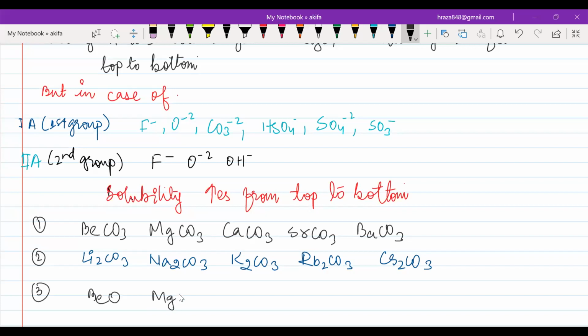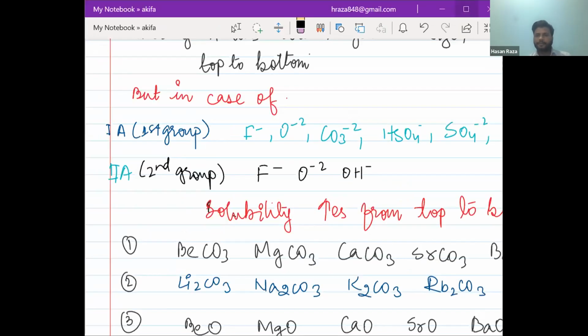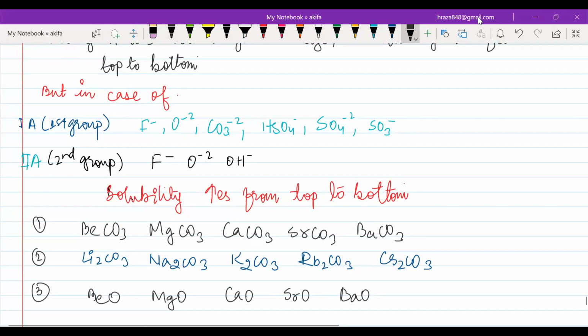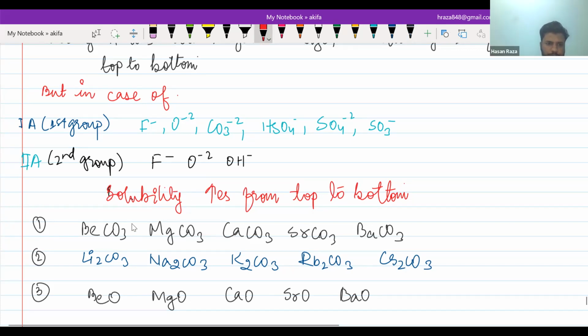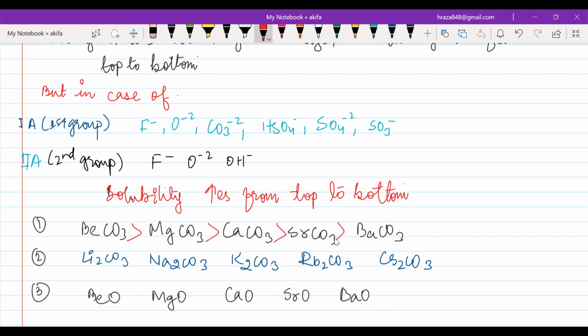And another: BeO, MgO, CaO, SrO, BaO. Can you arrange all of these in order of solubility? For the first one, beryllium has the highest solubility. Barium has the lowest. For the second one, lithium has the lowest. Very good. For the third one, beryllium has the lowest. Very good.